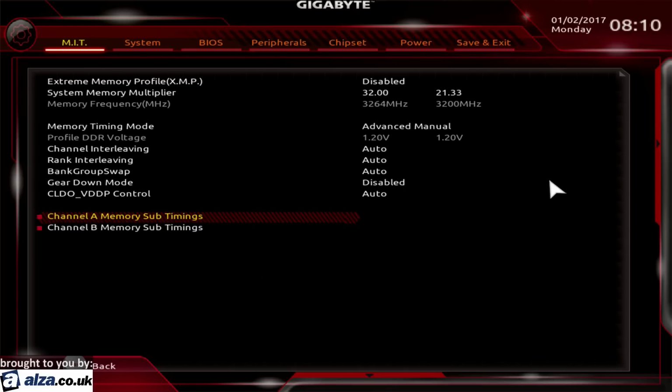In comparison to, say, the ASRock X370 Taichi board, on the Taichi I was setting up profiles where I had profile 1, 3200 megahertz easy. Profile 2, 3200 megahertz medium. Profile 3, 3200 megahertz hard.